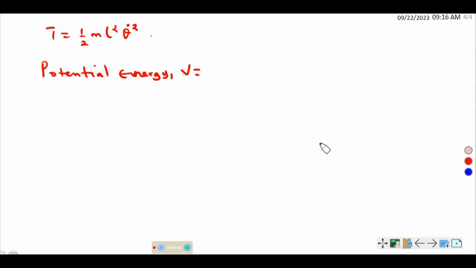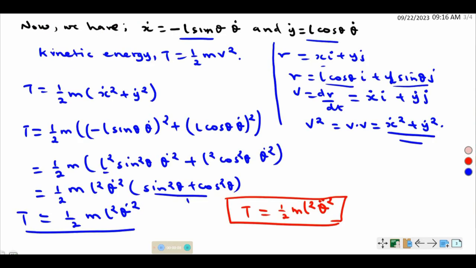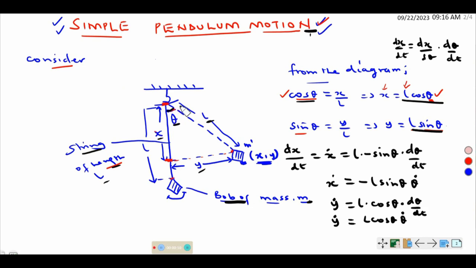Let us now look at what we call the potential energy. Now, we shall look at potential energy by simply referring back to our diagram. So, according to potential energy, it is mgh.